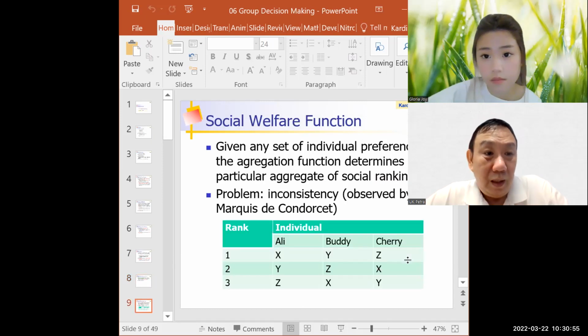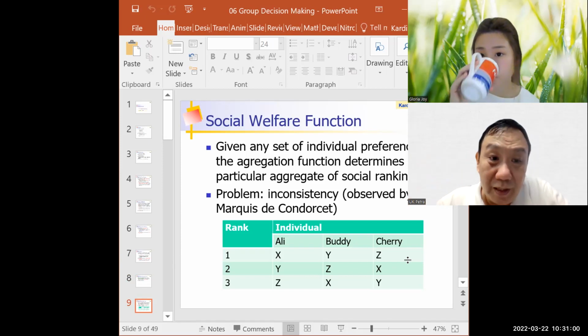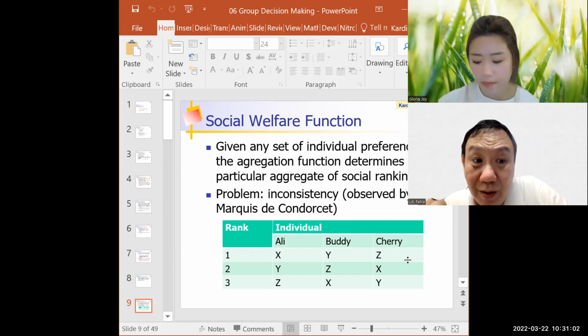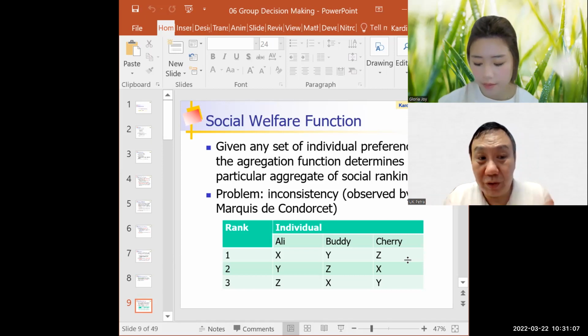So given any set of individual preference, that aggregation function will determine a particular aggregate social ranking.